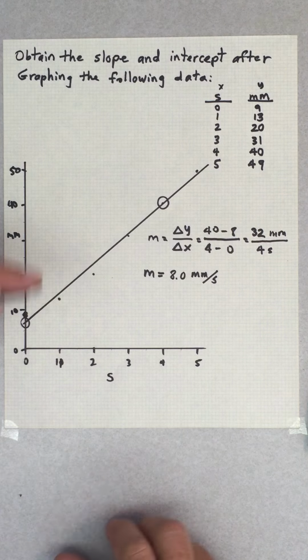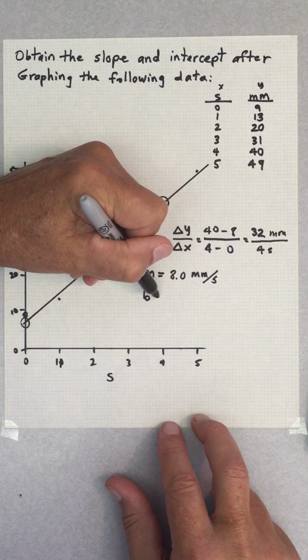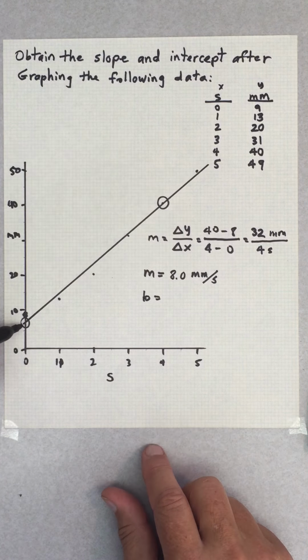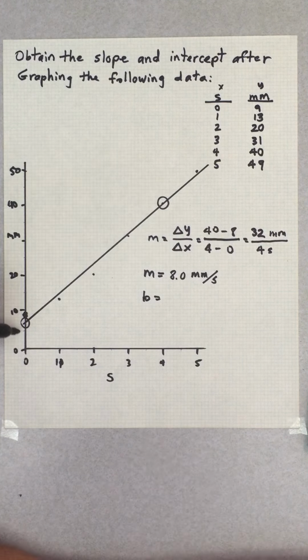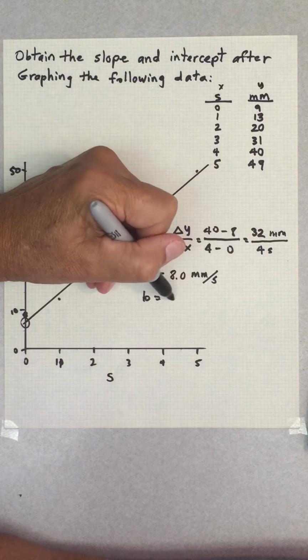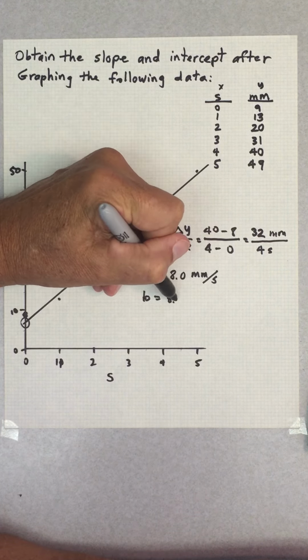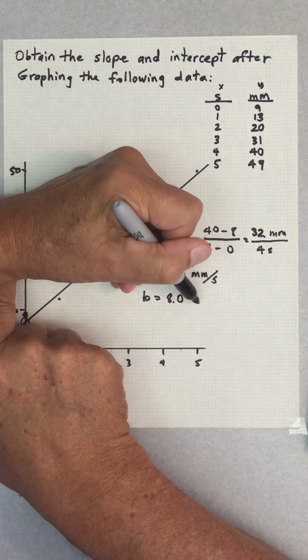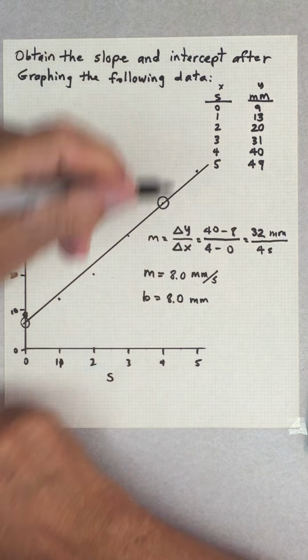Well, what is the intercept? The intercept, known as b, I can read right off of this right here. So that's about 5, 6, 7. It's fairly close to 8, so I'm going to say the intercept is about 8, and the units would be millimeters.